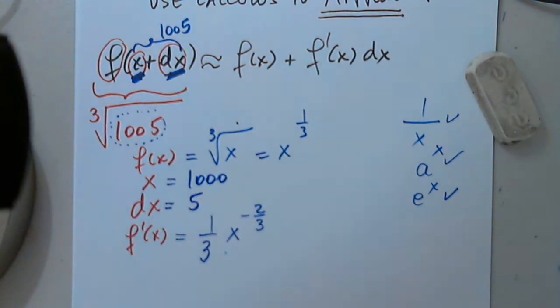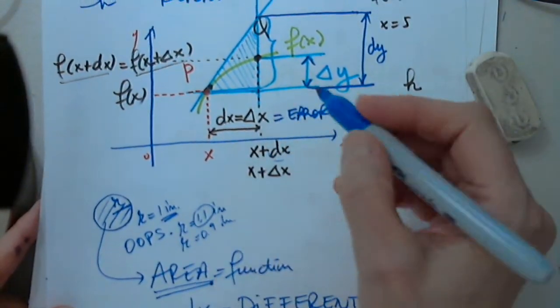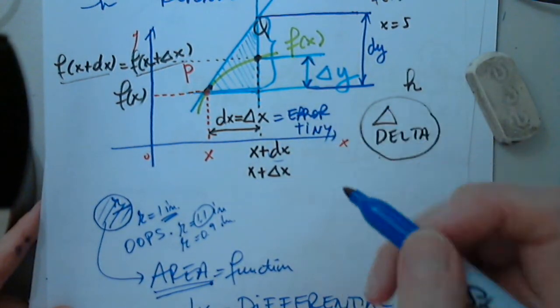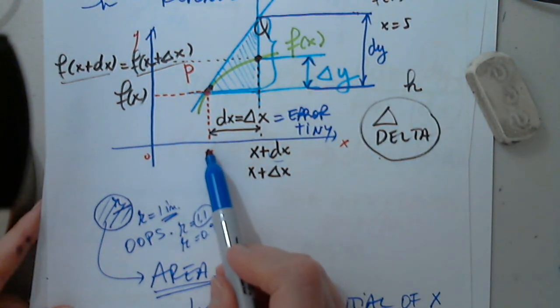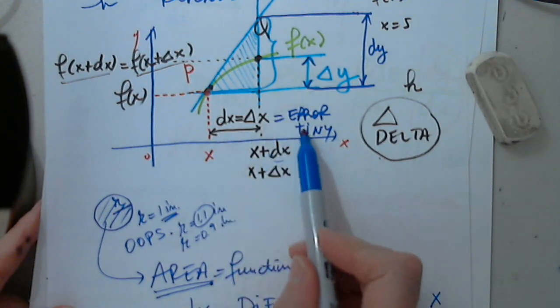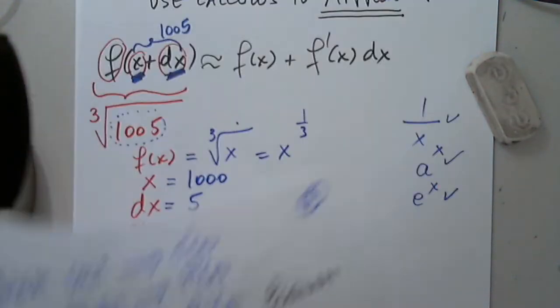And the error is a tiny error. If this is 1,000, I'm a little bit to the right to 1005. My error is tiny, is 5.